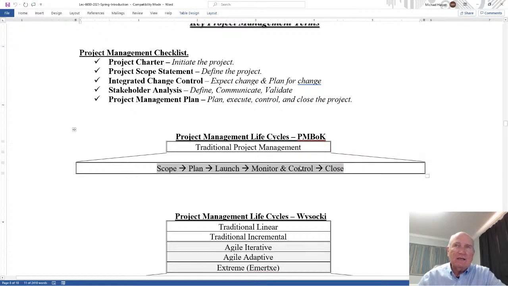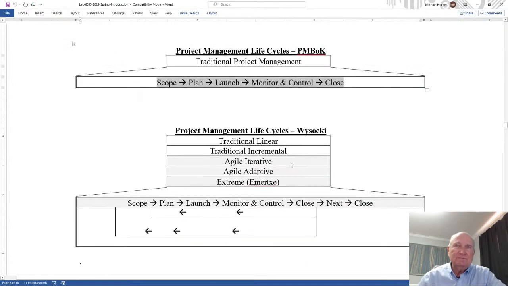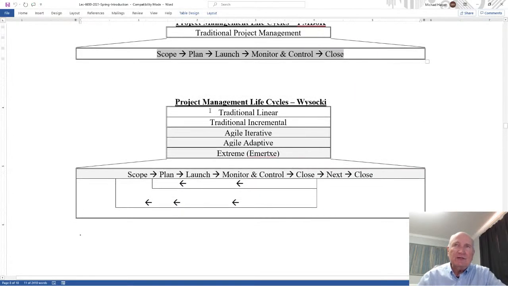But then Wysocki takes this life cycle and expands on it. Okay, traditional, he says, well, there's two models, linear and incremental. But then agile, he takes traditional and agile. He says, well, let's expand this to scope, plan, launch, monitor, control, close, next close.